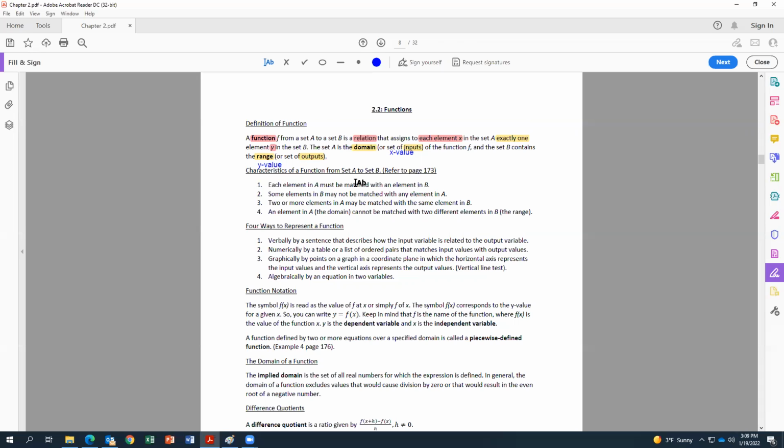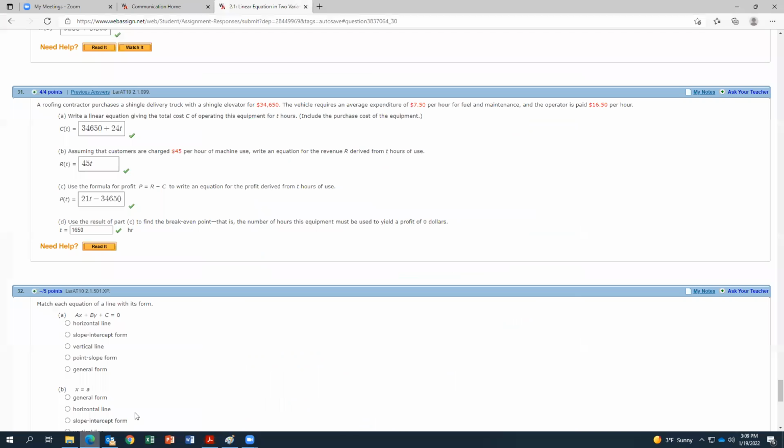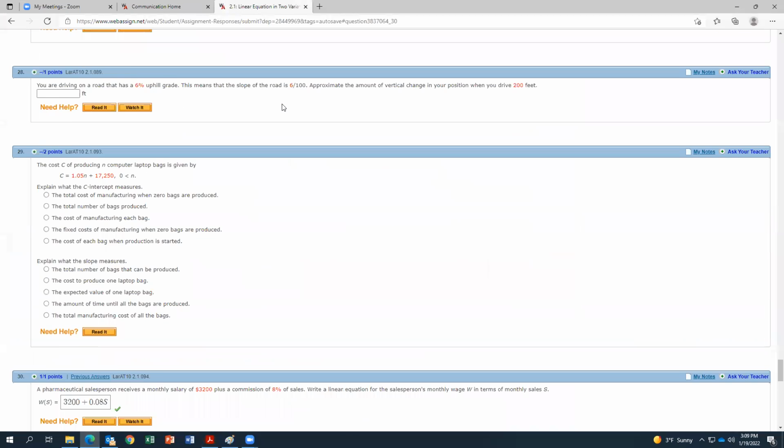So what is a characteristic of a function? Each element in A must be matched with only one element. Let me refer you to page 173 in your textbook. Where is my textbook?